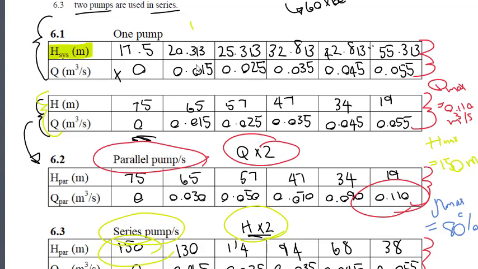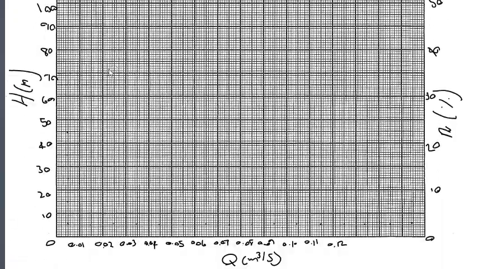Let's plot all of these values. If we plot the H system, it's clear that at 0 we have a head value of 17.5. So that will be more or less somewhere here.